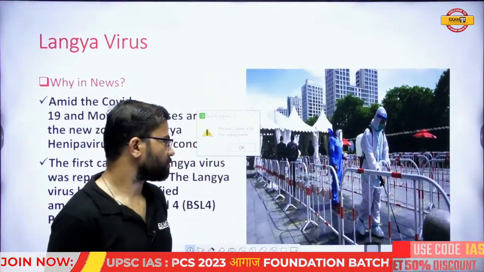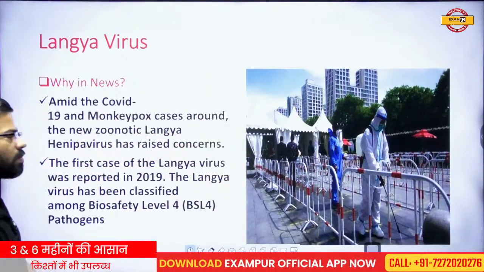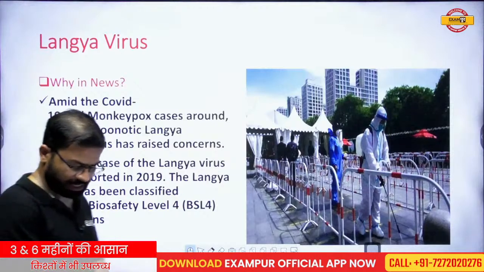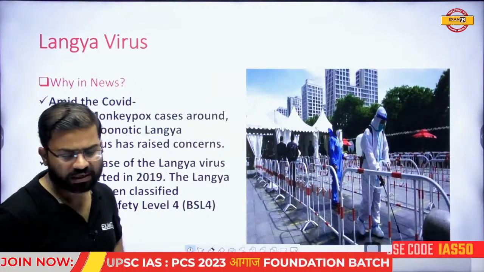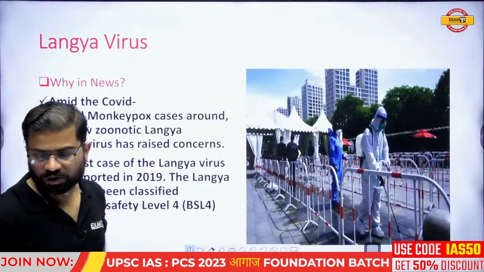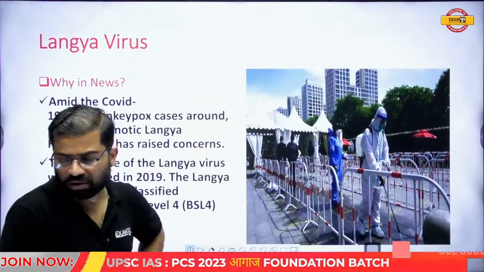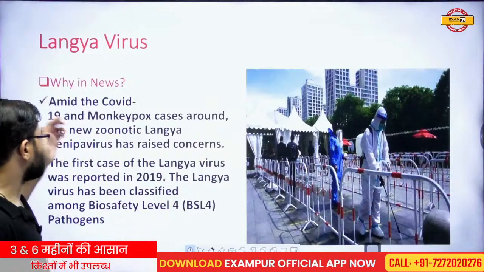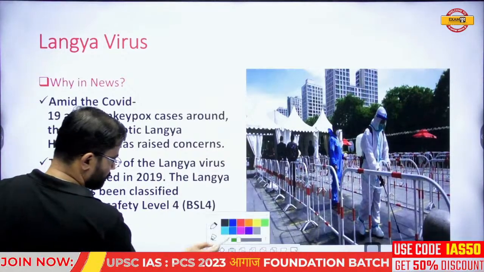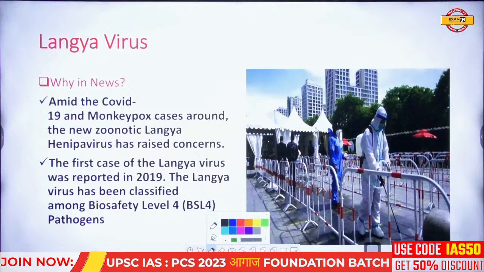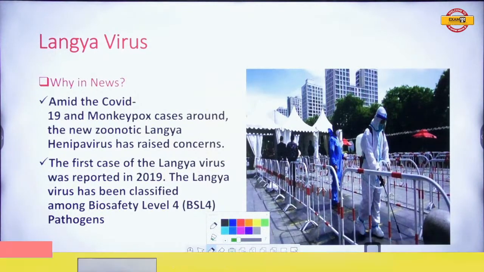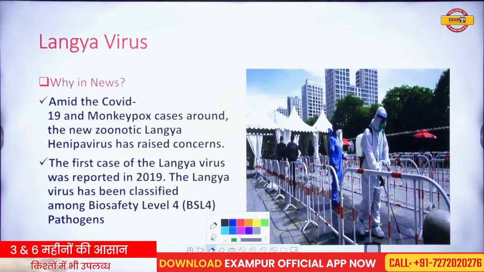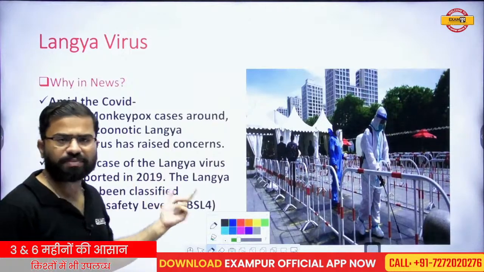Okay, now already we have seen the COVID virus, and we are quite familiar with the monkeypox virus. Now there is another virus called Langya virus. So you can see, amid the COVID-19 and monkeypox cases, there is a new zoonotic virus, which means it is transferred from animal to human.